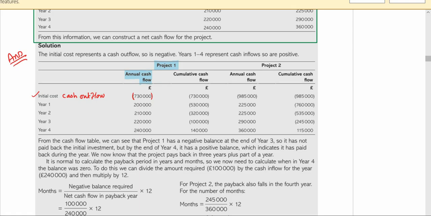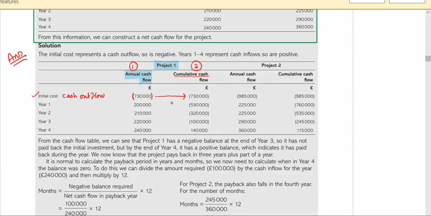So the first step is to make the column of annual cash flow. The second step is to prepare the cumulative cash flow. Cumulative cash flow means the combined cash flow from year to year. How will we make it? Start from the first cash flow, which is negative 730.